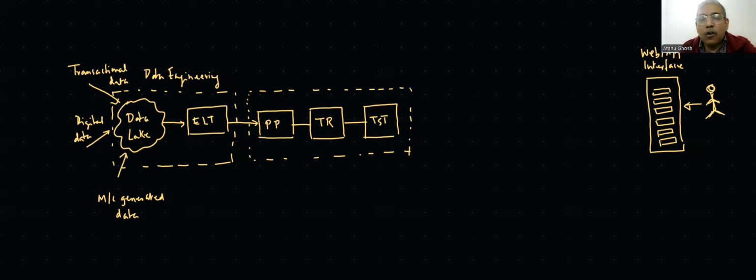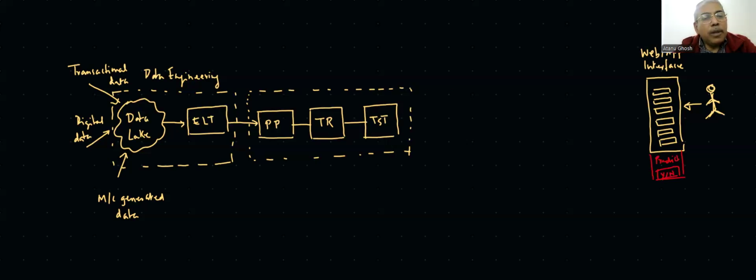And what is the output that this customer service executive is expecting? Once the executive presses a button like predict, he or she is expecting an output which will say whether a customer will churn or not churn. This is the expectation of the user.